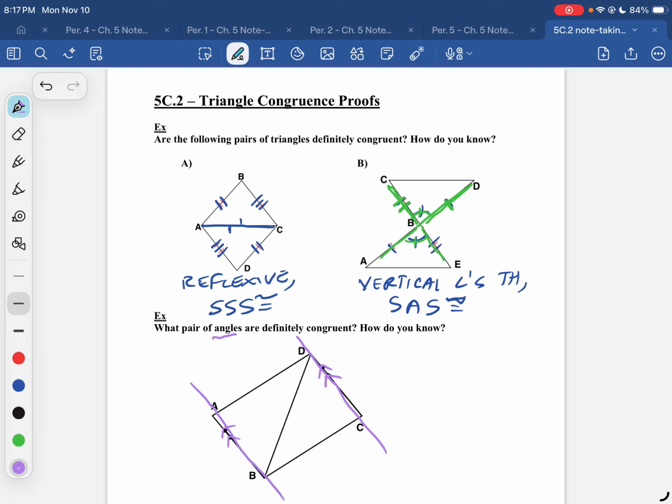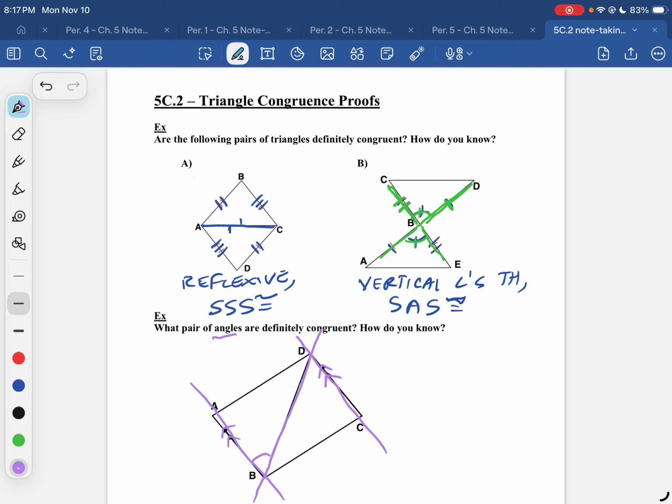I call those tracks. And when the tracks are parallel like they are here, then if I use a transversal, that's a line that crosses over both lines, then we can use different types of angle pairs that are congruent. So I've got three different transversals to choose from, but I want to choose this one that goes down the middle here, because that one, along with the other two purple lines there, creates angles that are in both triangles.